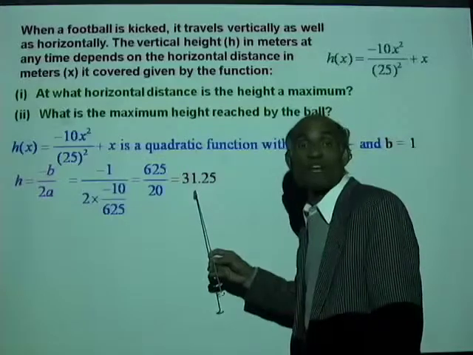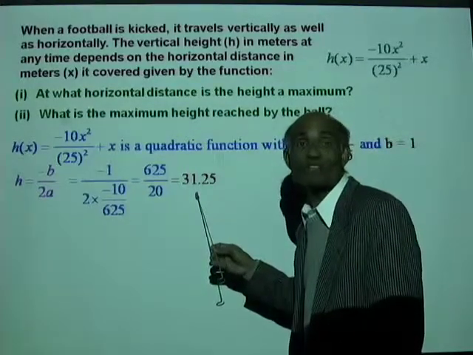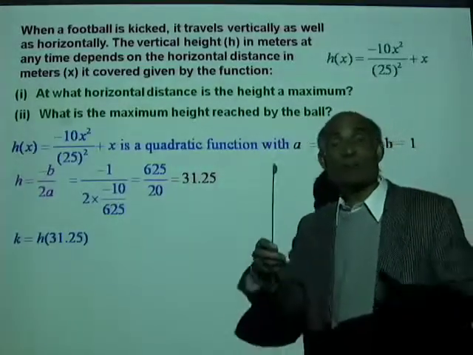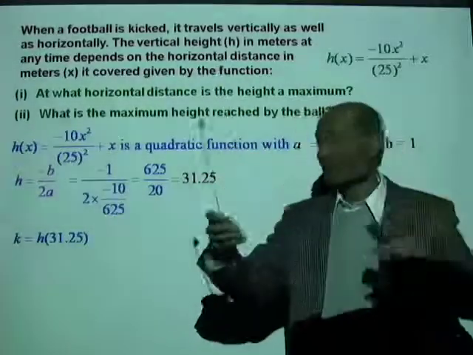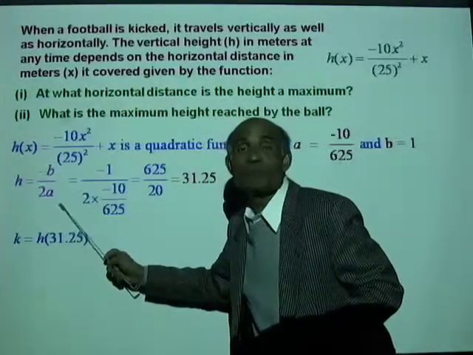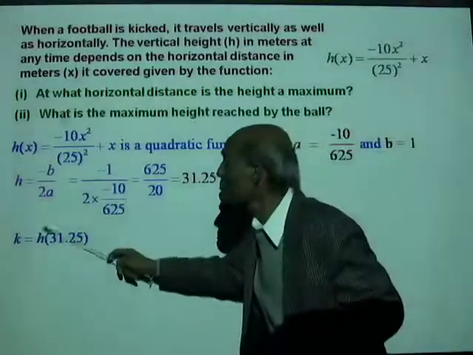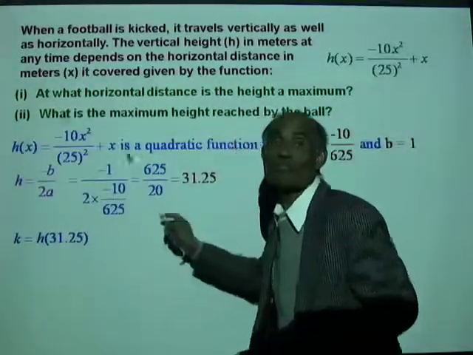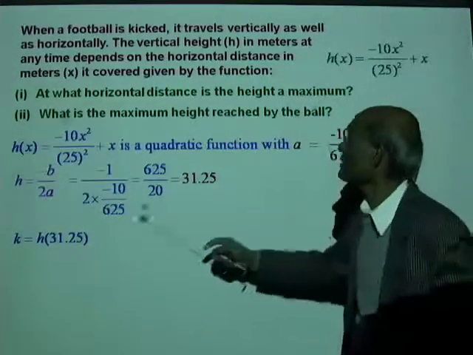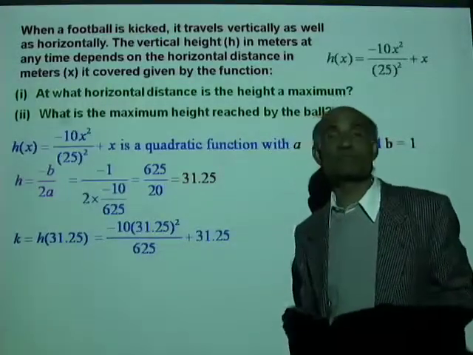It means this is where the maximum occurs. The maximum occurs at x equal to 31.25. And what is the maximum height? The maximum height is k equal to h of 31.25. If you come to this function and replace x by 31.25, you will get the maximum value of the function.